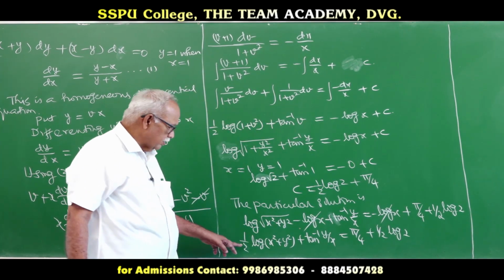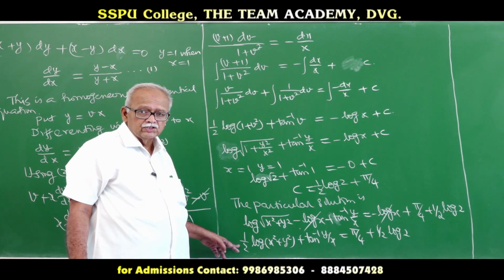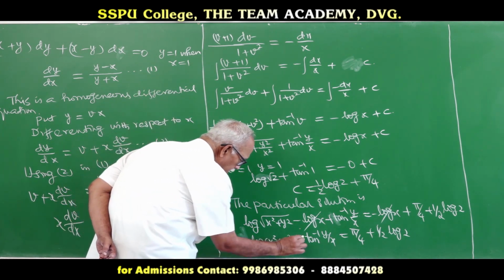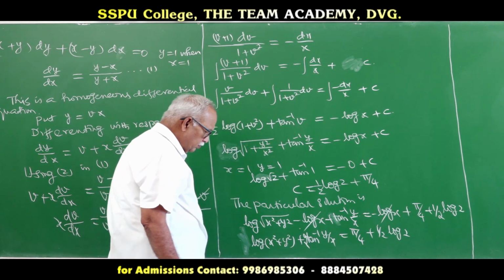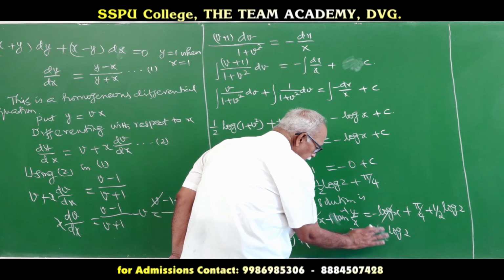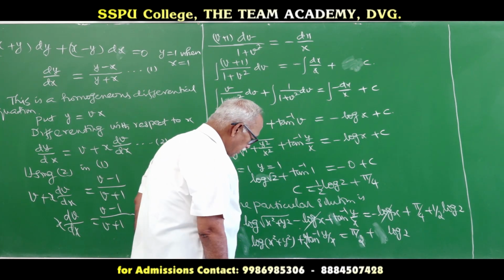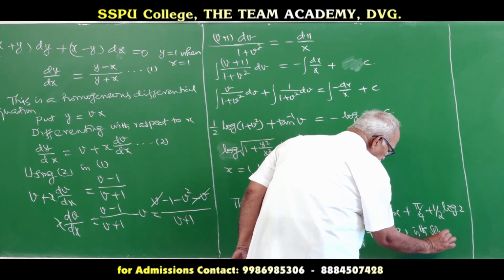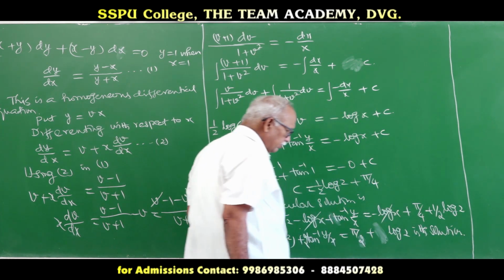So, if you want to remove this 2, multiply this by 2. How will you multiply this? Multiply by 2 here, and here if you multiply you will get pi by 2, and this 2 will get cancelled, and that is the solution, the particular solution.